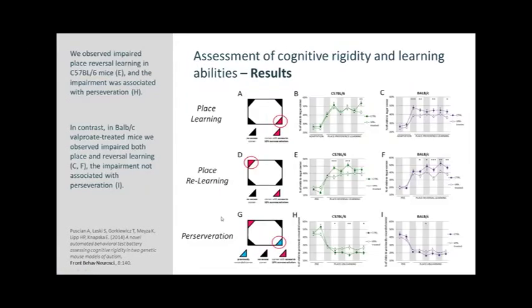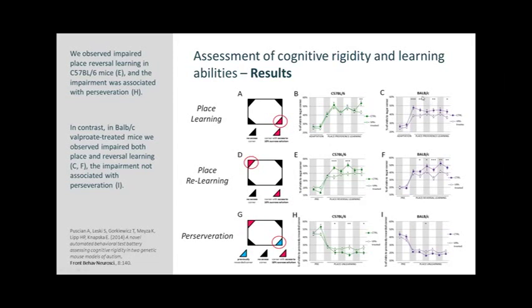And here are the results of these experiments for C57 and BALB/C mice, controls and valproate-treated mice, for place learning, place reversal, and data for perseveration. So what we observed is that C57s were impaired in place reversal learning, and this deficit was associated with perseveration.